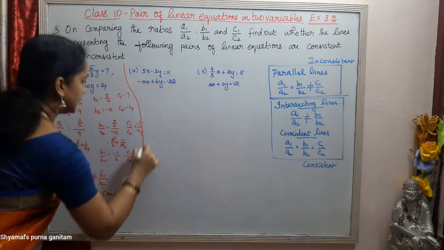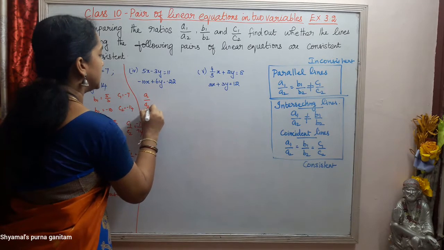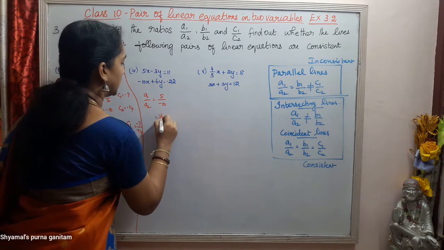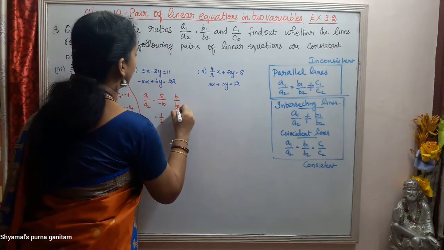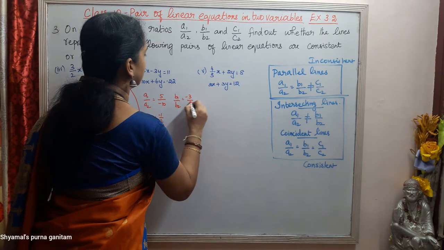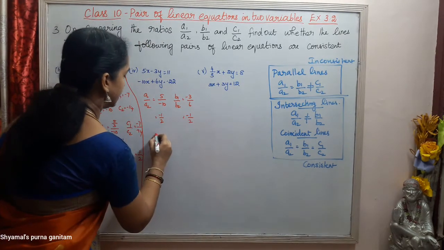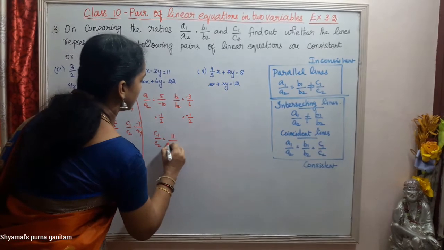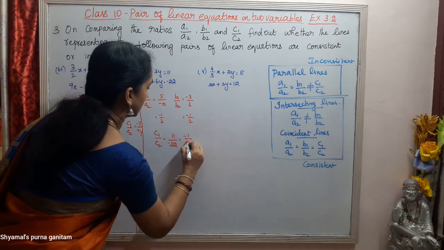Okay. Then the next sum: A1 by A2 is equal to 5 by minus 10, that is equal to minus 1 by 2. Then B1 by B2 is equal to minus 3 by 6, that is equal to minus 1 by 2. Then C1 by C2 is equal to 11 by minus 22, that is equal to minus 1 by 2.